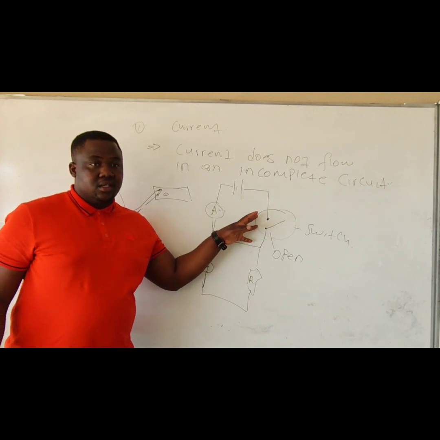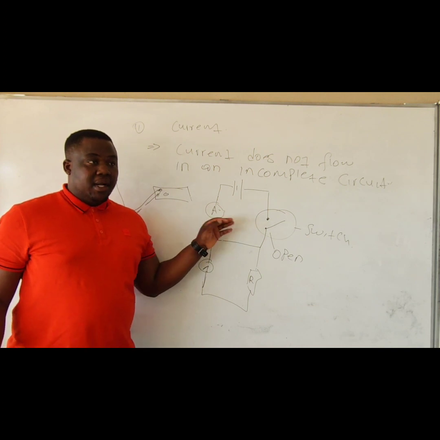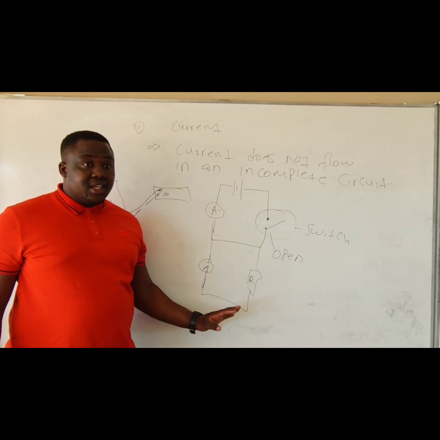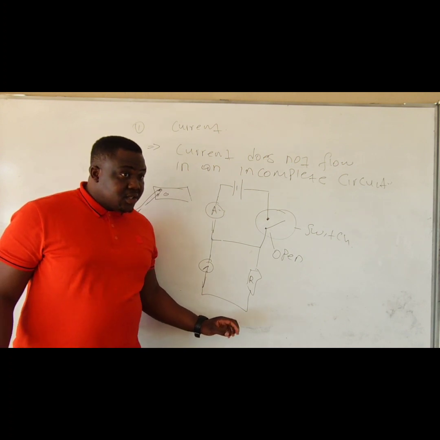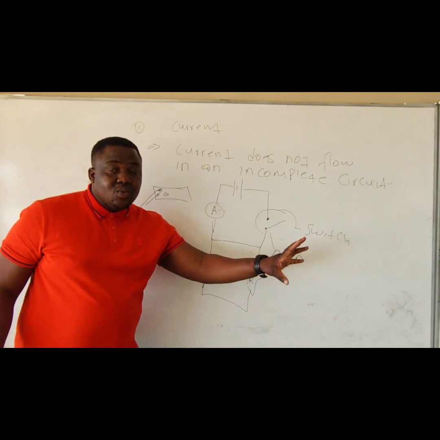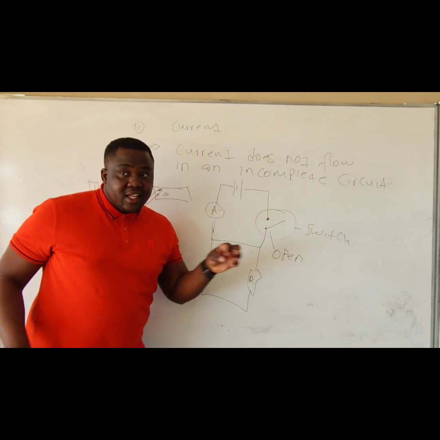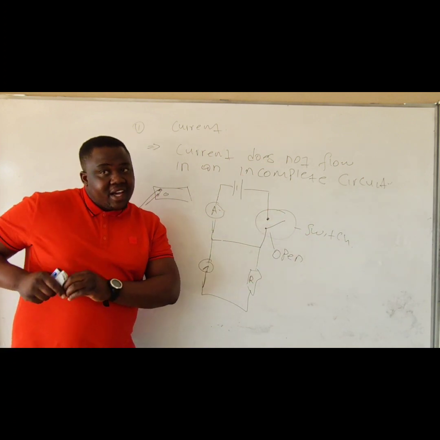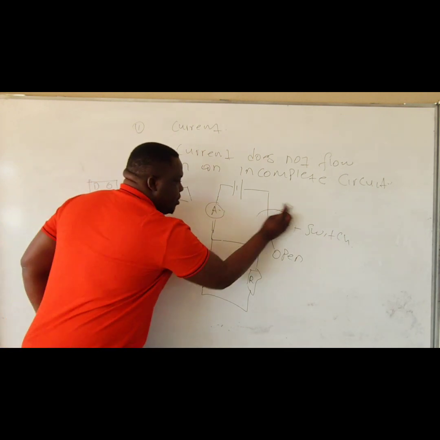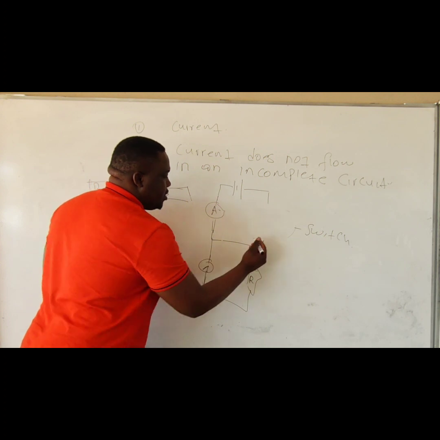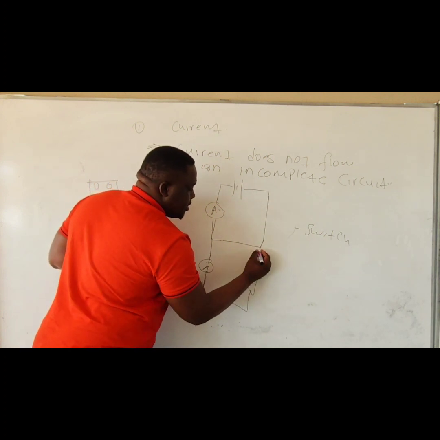Do you agree? But where the circuit is complete, current can flow. You understand? So the other part which is incomplete will appear to be there, then the other part which is complete, current will be flowing. Okay. Let me do it like this to avoid the confusion. Let me open the circuit somewhere here.